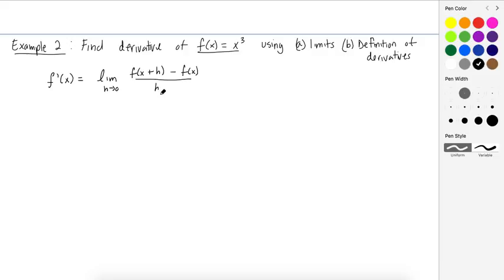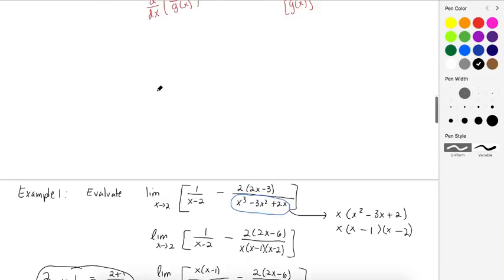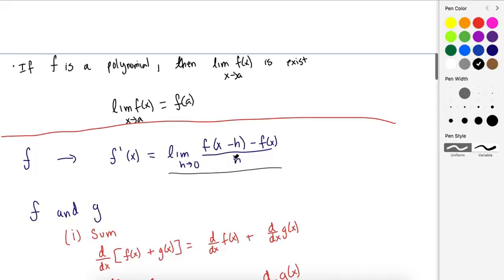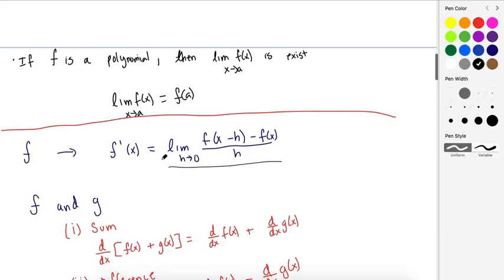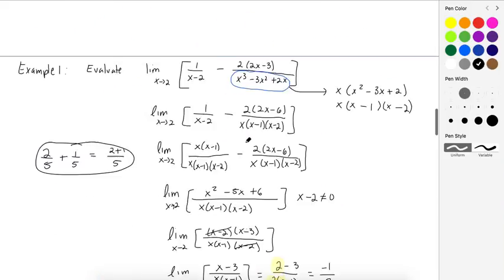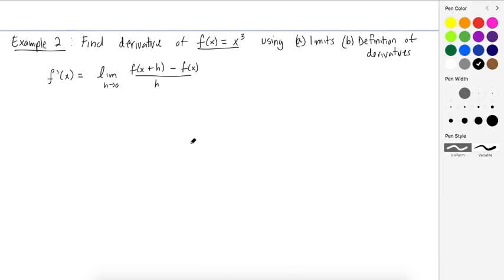That is the definition that we defined at the beginning when we were talking about limits. Okay, so using that definition we can find the limit of this function.